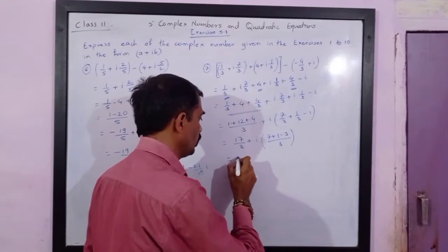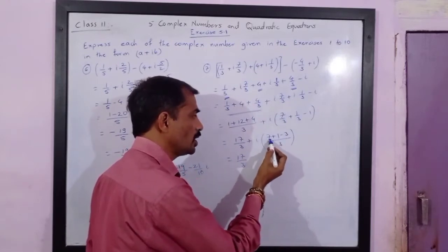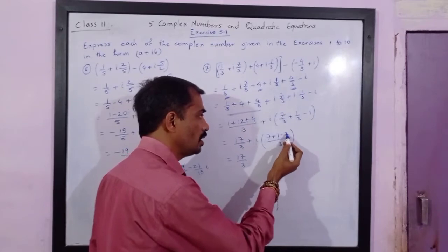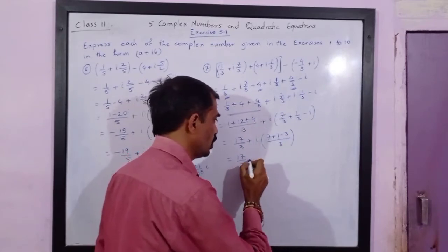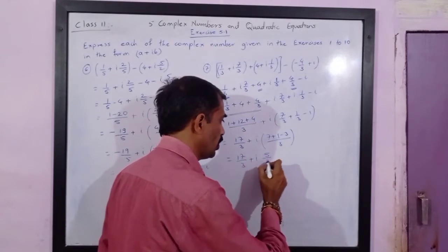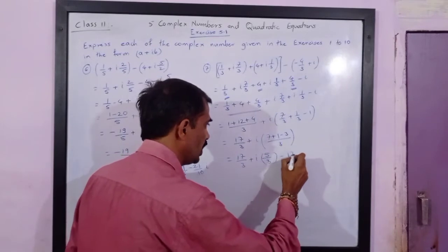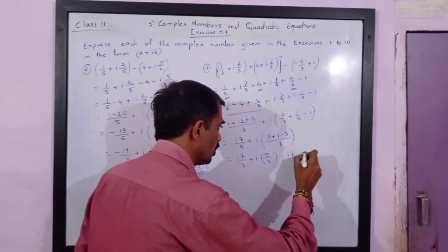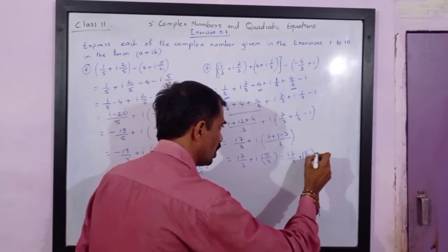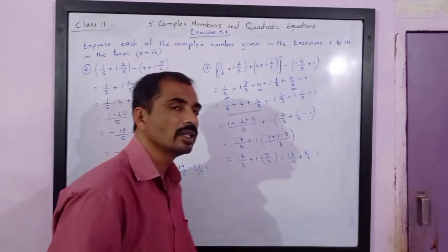So this is equal to 17 upon 3, 7 plus 1 is 8, 8 minus 3 is 5, plus i multiplied by 5 upon 3. This can be written as 17 upon 3 plus 5 upon 3 i. Bracket is not necessary. Even if you write, it is not wrong.